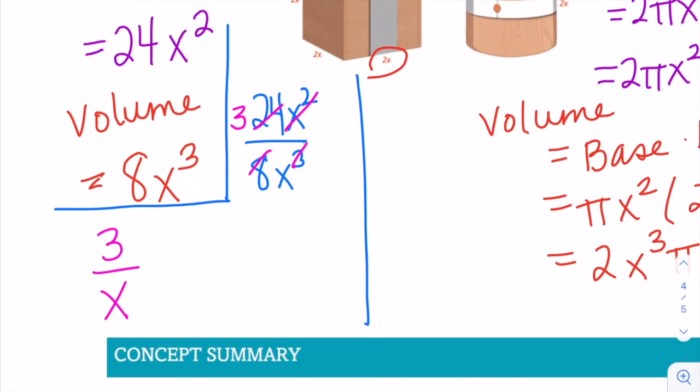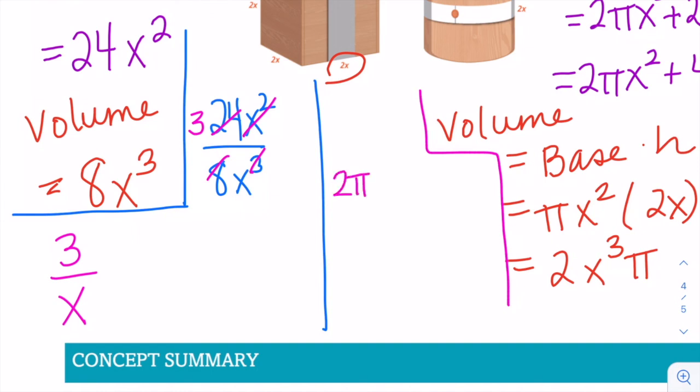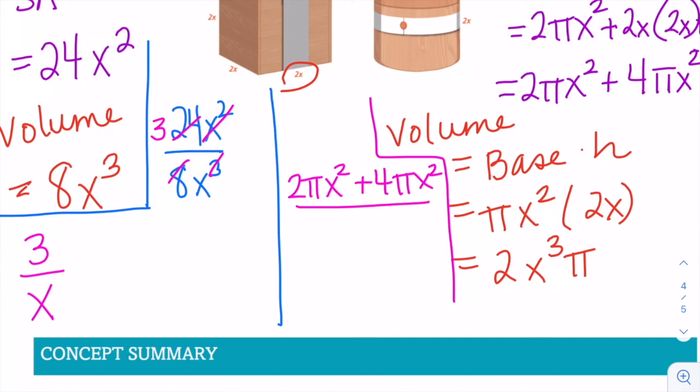And then looking at the cylinder, I'm going to do the same thing. I'm going to divide the surface area, which is 2 pi x squared plus 4 pi x squared, over 2x cubed pi.